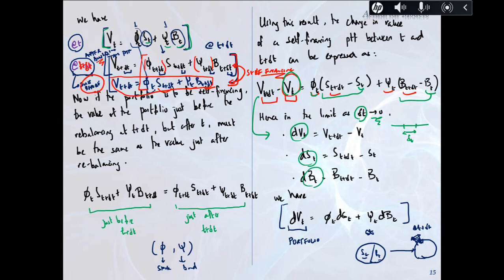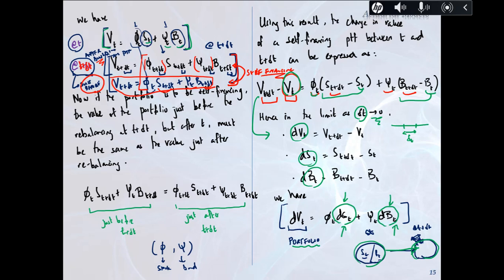So I have my change in my portfolio being influenced by the change in the stock price and the change in the bond price. So this is what I'm saying here: my portfolio is growing or decreasing in value, not because I'm injecting or ejecting money, but it is changing in value based on what is happening to my stock and to the bond in which I have invested my money.